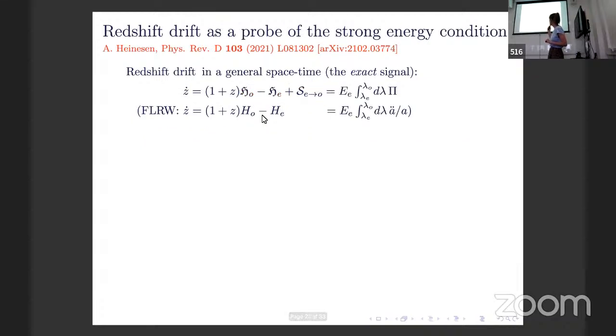I will talk about how we can potentially use redshift drift as a direct probe of violation of the strong energy condition.